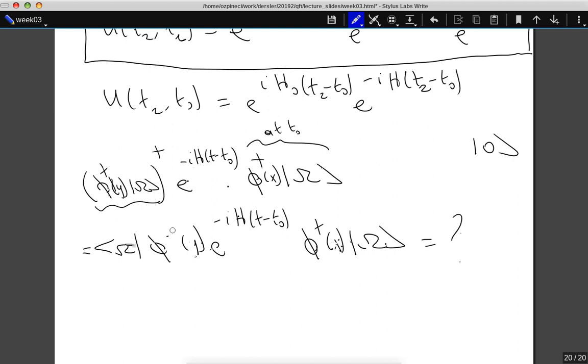Initially, I have two particles, so I have here two creation operators. Then I let my system evolve, and then I ask the question, what is the amplitude that I will have two particles at x3 and x4? So initially, I create two particles at the points x1 and x2, and then I ask the question, what is the amplitude that I will have two particles at the points x3 and x4 at a later time t?